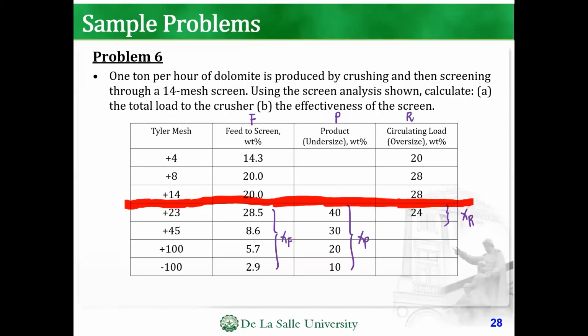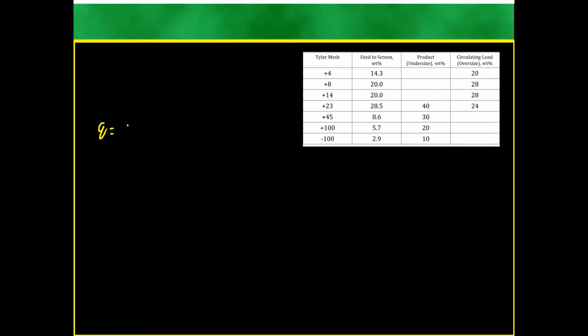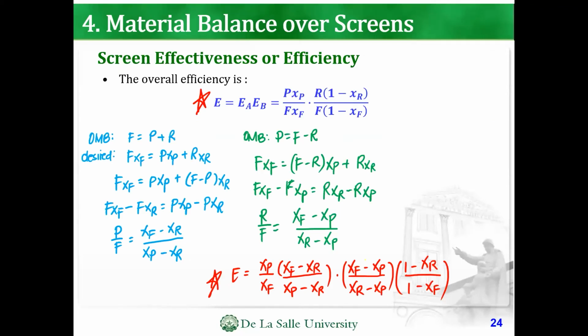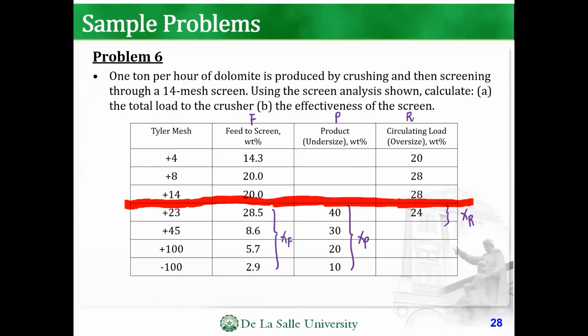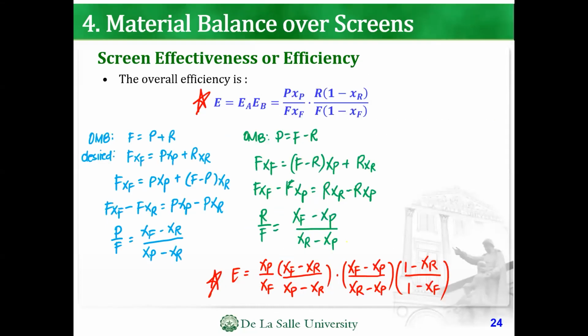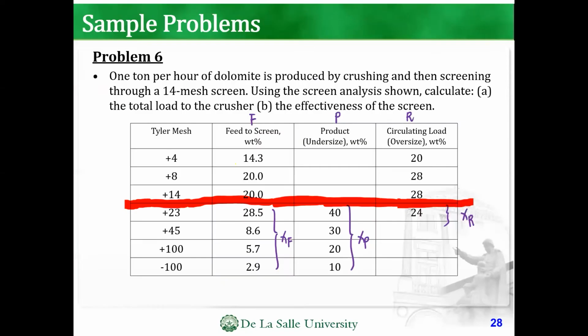So let's try: XP over XF, XP minus XR, XF minus XR, and then 1 minus XR all over XR, XP, 1 minus XF.